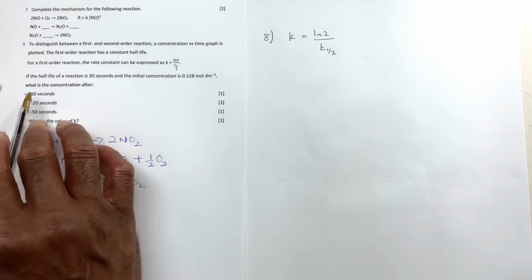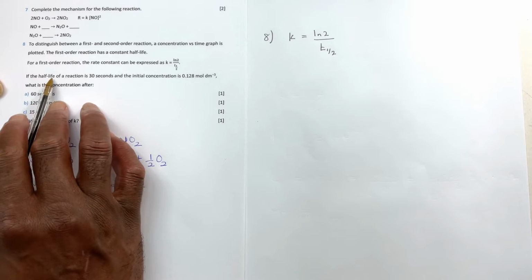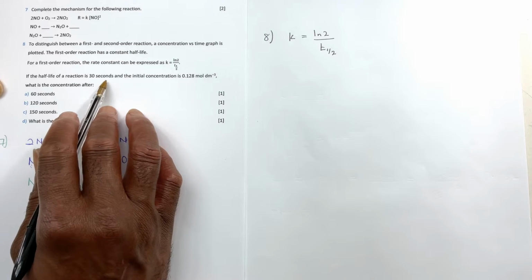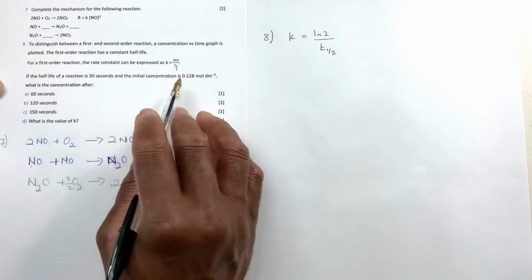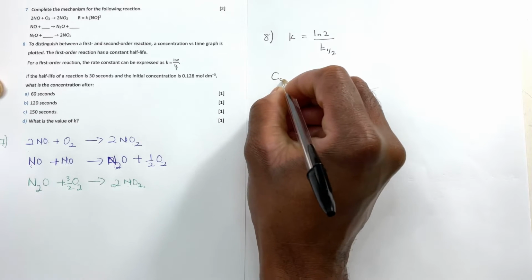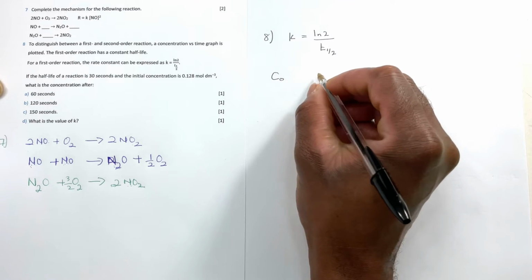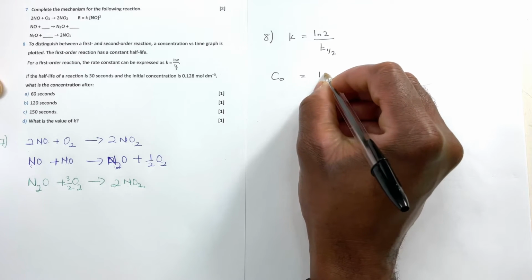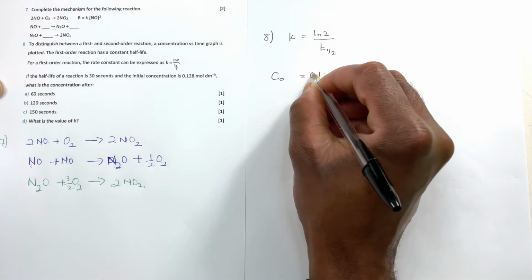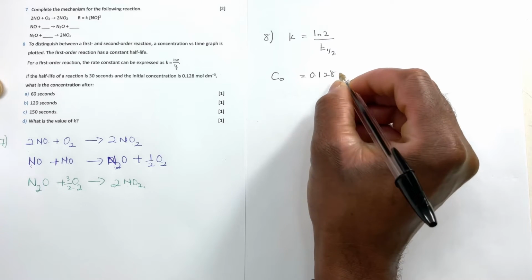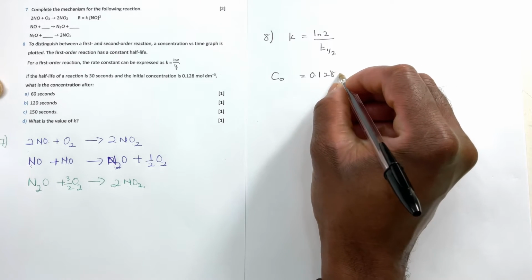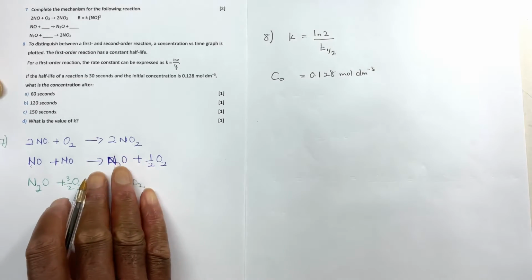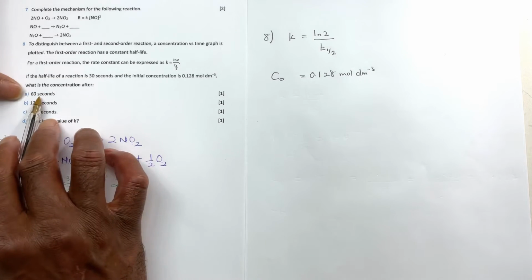But the question says, if the half-life of a reaction is 30 seconds and the initial concentration, C naught, is equal to 0.128 mole per decimeter cube, what is the concentration after 60 seconds?